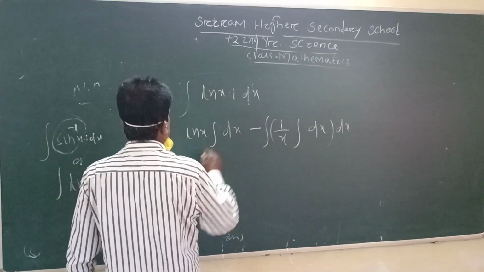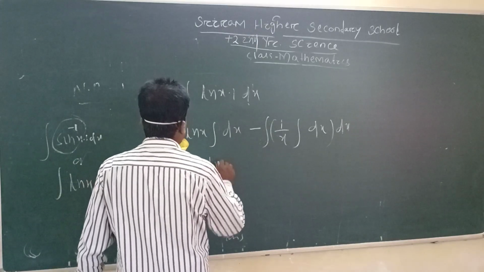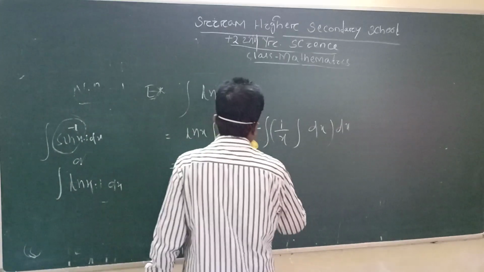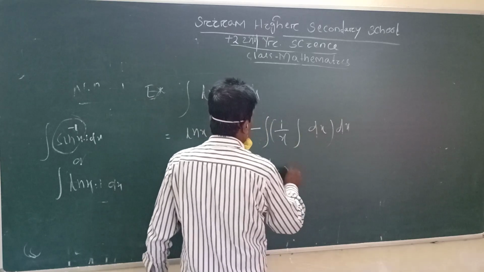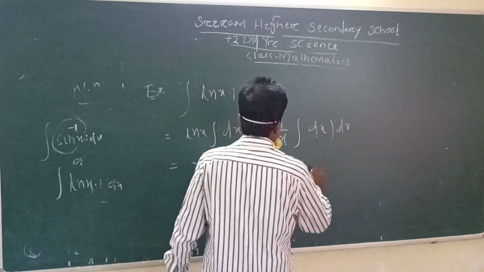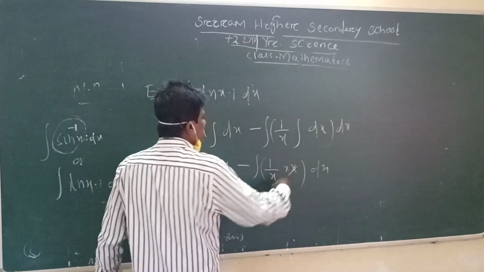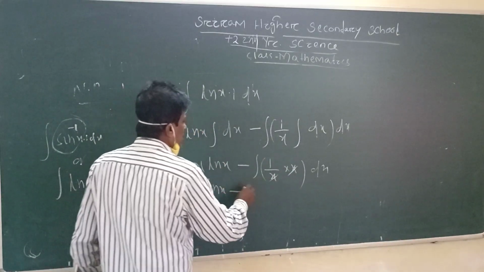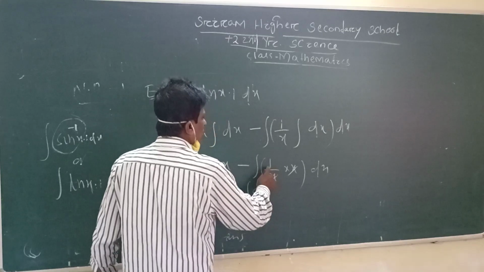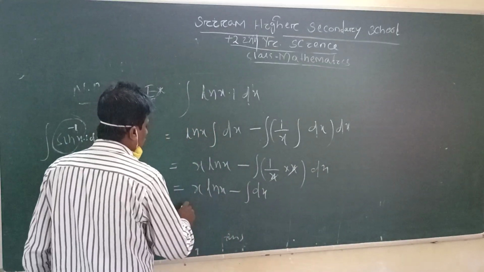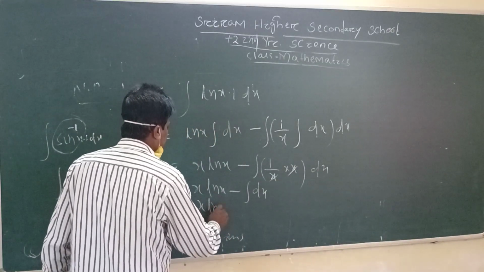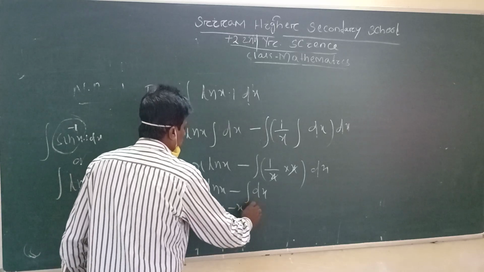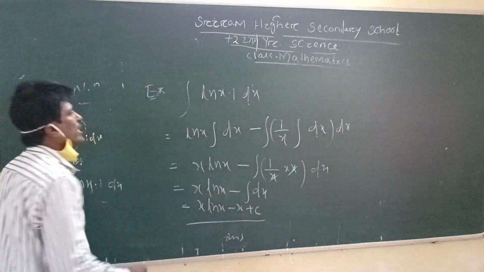So it is x ln x minus the integral of 1 by x into x dx. Because x cancels, that equals x ln x minus the integral of 1 dx, which equals x ln x minus x plus c. That is your answer.